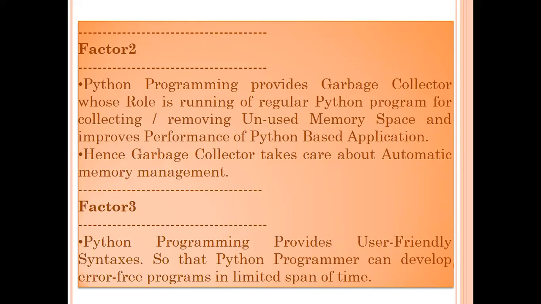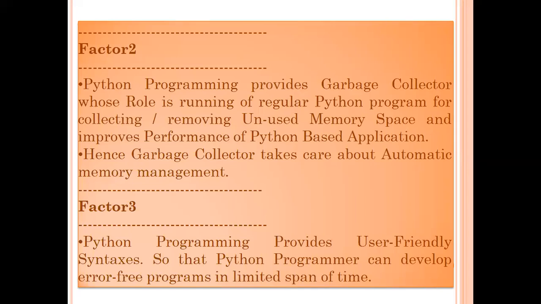The second factor is the garbage collector. What does the garbage collector do? It comes and collects the unused memory space, which helps the performance of Python-based applications. The performance is always improved. When the garbage collector removes the unused memory space, the performance will obviously improve.